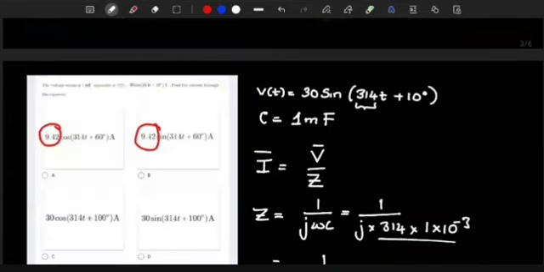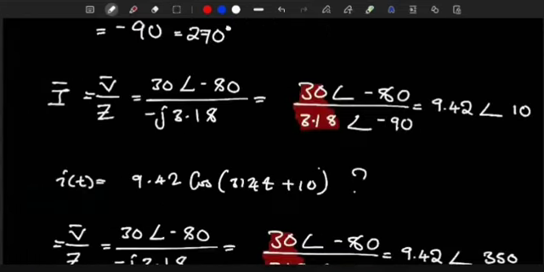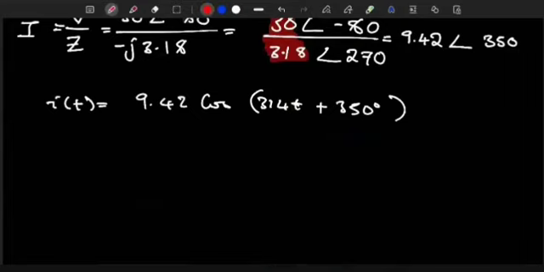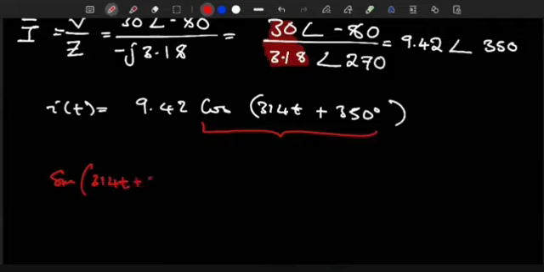So we want to check now, is it possible that maybe this was transformed one more time to sine? Maybe it was written in terms of sine again. So let's try. If I wanted to write this in terms of sine, I'd get sine(314t + 350).